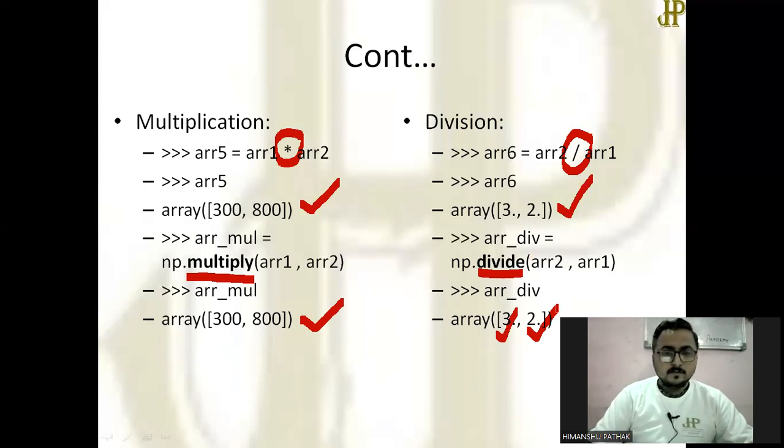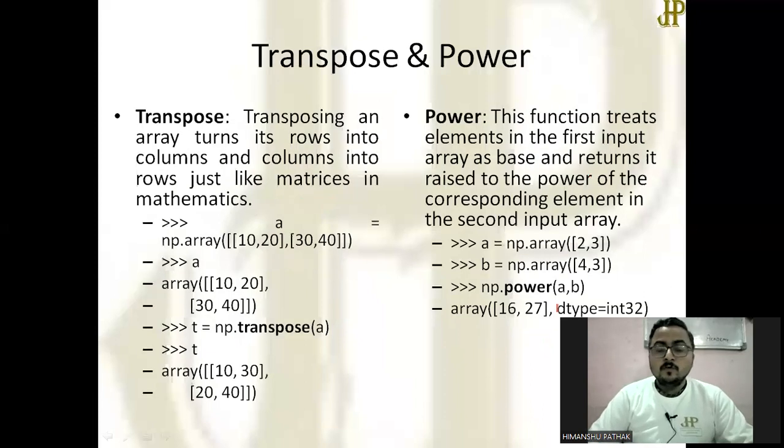Okay, so these are very simple operations that can be performed on a NumPy array. Now moving on further, how to do the transpose of any matrix. First of all, you should have the knowledge about what transpose is.